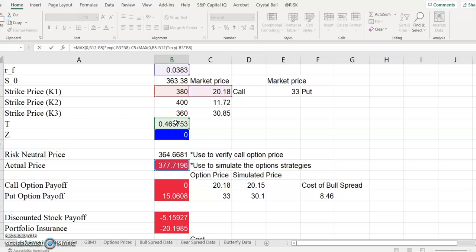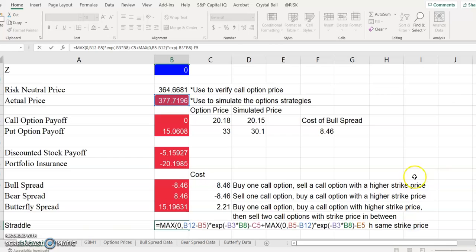And then we're buying both these options, so we would subtract out the market price of the put option. So we have the payoff for the call option discounted to the present value, minus the cost of that call option, plus the payoff from the put option discounted to the present day, minus the price of that option.